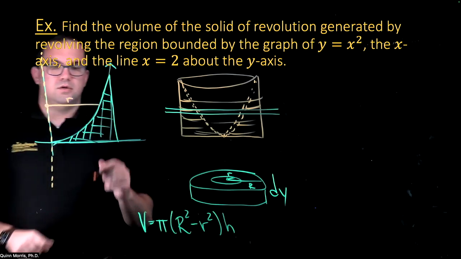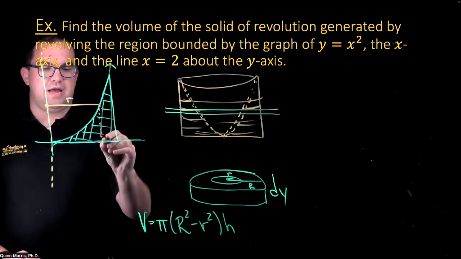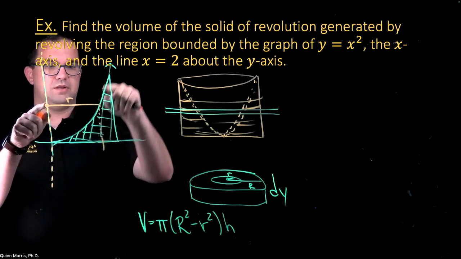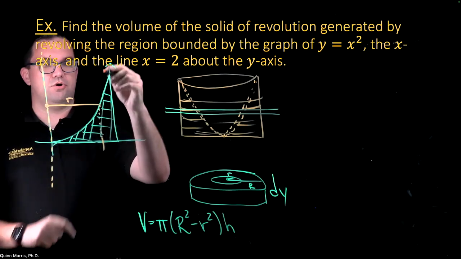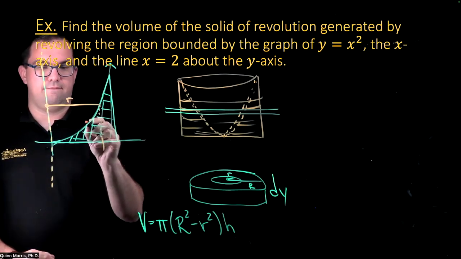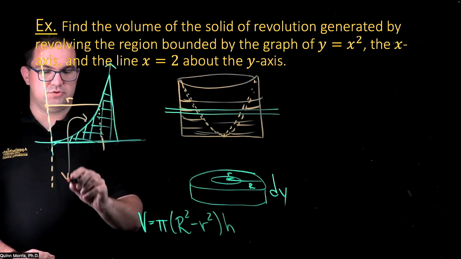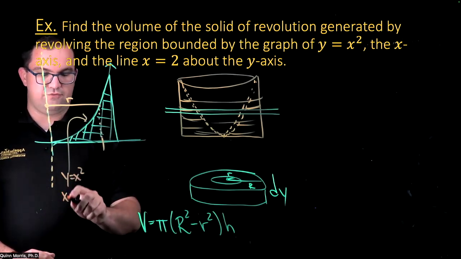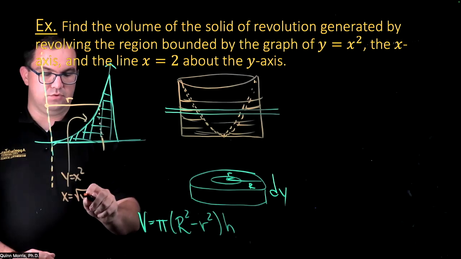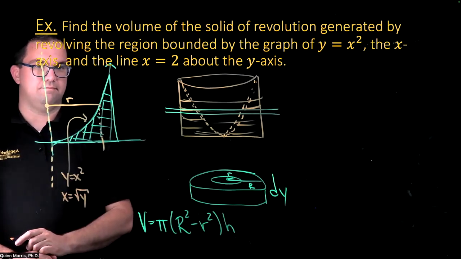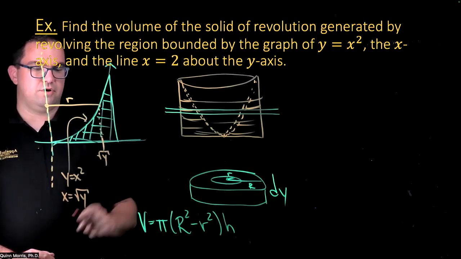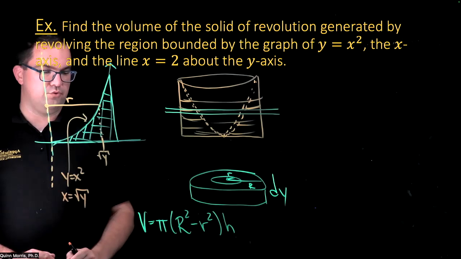So that inside radius, for a given y value, is going to be the x value that puts me on this curve. Well, this curve here was y is equal to x squared. So if I solve for x, that gives me x is equal to the square root of y. So this inside radius for a given y value is the square root of y.